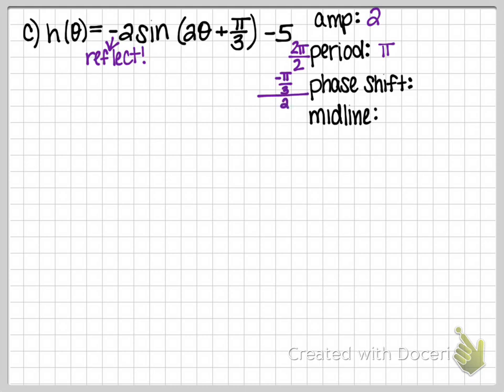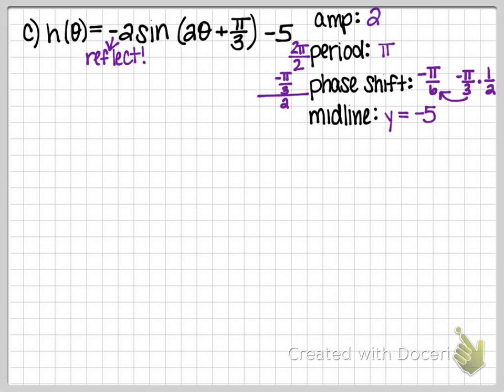I take that as negative pi over 3 times 1 over 2. When I multiply that fraction together, I end up with negative pi over 6. So that's how I got that. And then my midline is going to be at y equals negative 5.